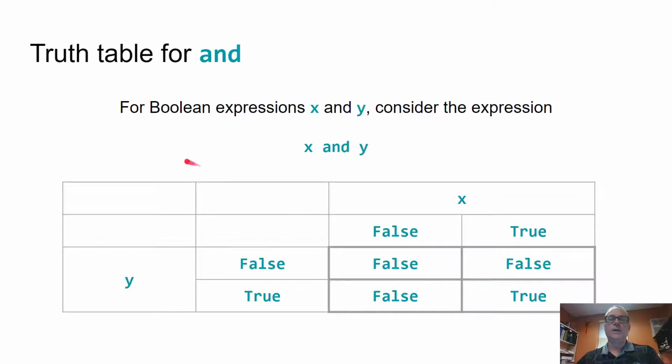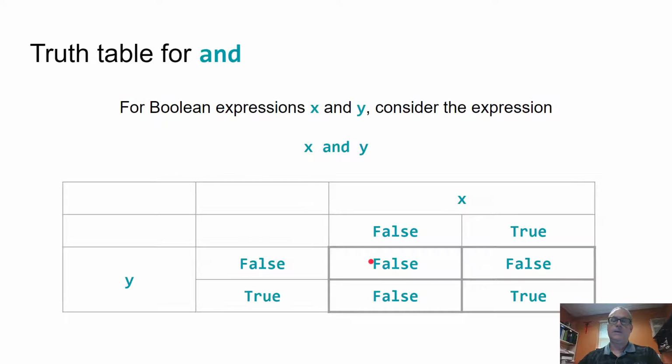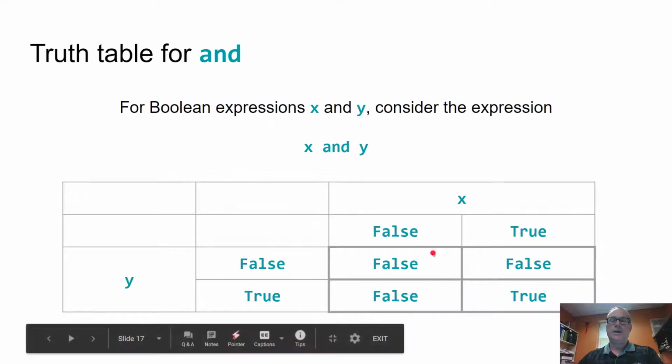So if we're doing and, then we have two Boolean expressions, x and y. If x is false and y is false, x and y is false. If x is true, y is false, the result of x and y is false. And if x is false, y is true, the result of x and y is false.